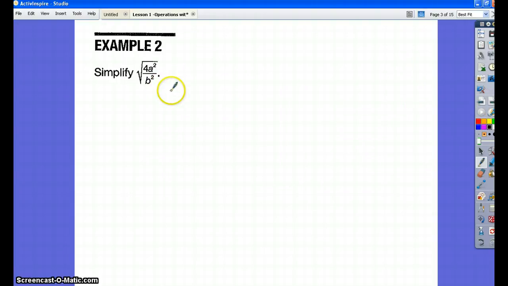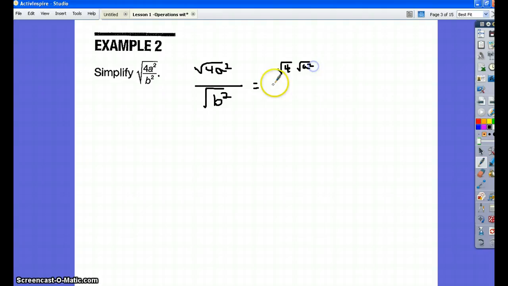Second example, again, we just want to break this up. So this is going to be the square root of 4a squared over b squared. So we'll break it up like this: the square root of 4a squared over the square root of b squared. So this could be the square root of 4, the square root of a squared, all over the square root of b squared. So the square root of 4 is just simply 2.